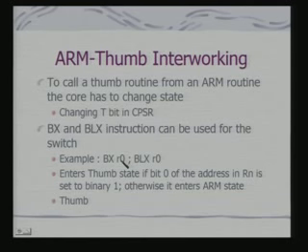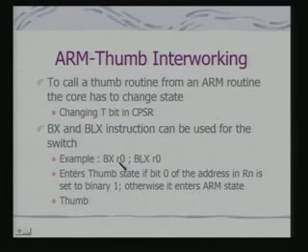So, effectively if bit 0 of the address specified in Rn is binary 1, this is the branch address, and it is interpreted as a switch to Thumb mode. The same is true for BLX. If it is 0, from Thumb, it can enter ARM mode. So, you can see that very easily I can do a switch.